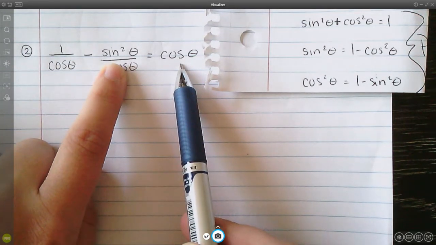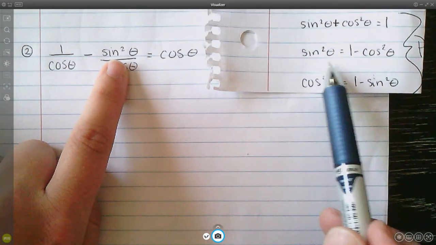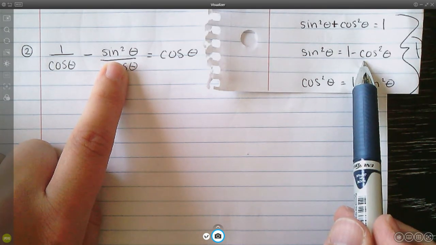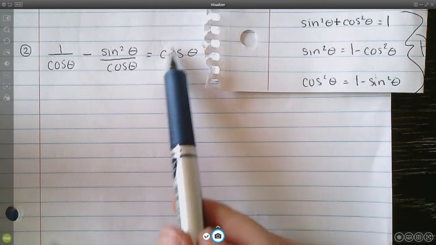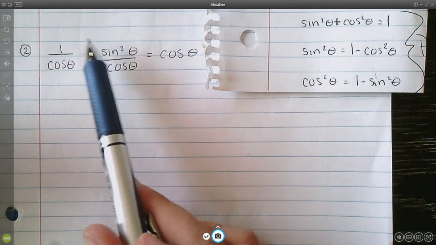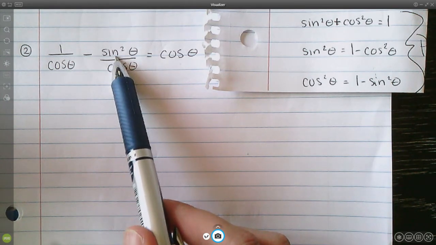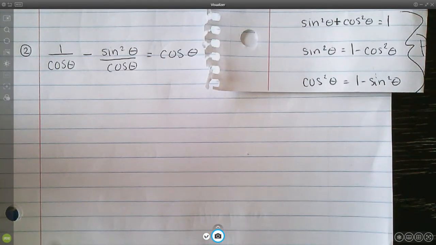So we do have a sine squared theta, and over here we have sine squared theta equals this. So another trick, if you're trying to get something to equal cosine, you want to try to change everything into terms of cosine. So we can change sine squared theta to 1 minus cosine squared theta.